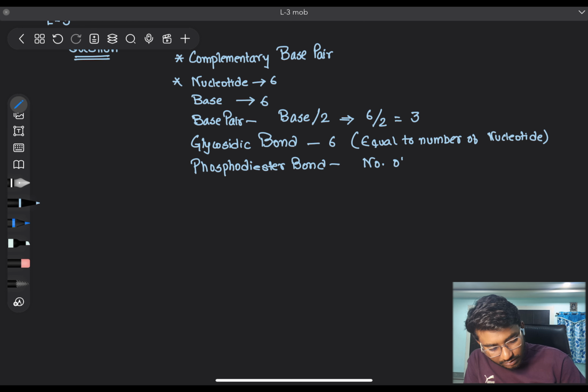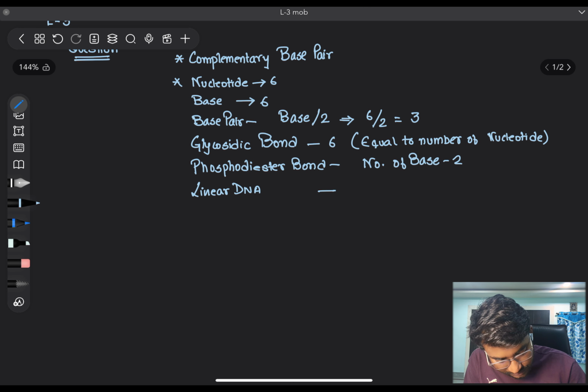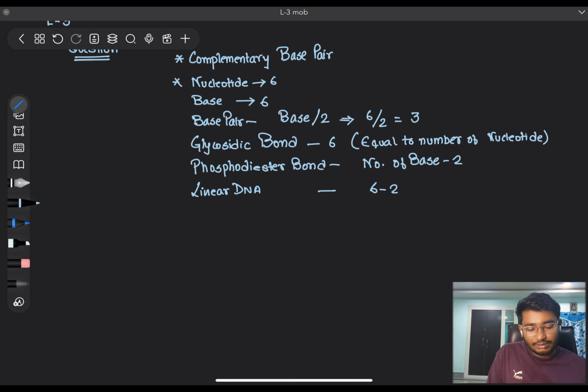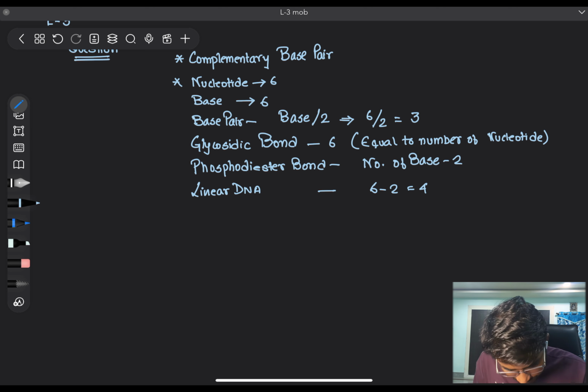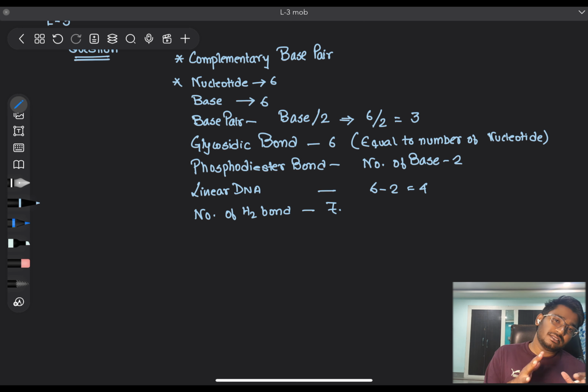Number of bases minus 2 for linear DNA. So for linear DNA it is 6 minus 2 equals 4. These are the key facts of this chapter. Now the hydrogen bond, number of hydrogen bonds is 7.